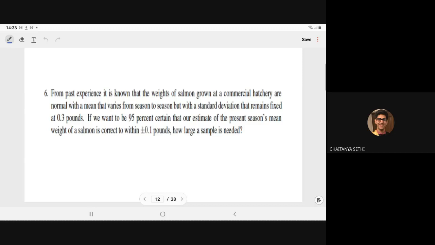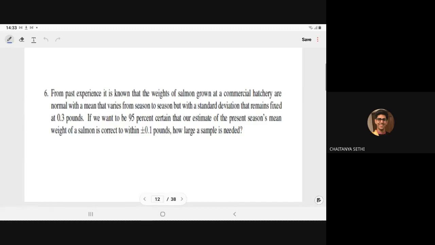From past experience, it is known that the weight of salmon grown at a commercial hatchery is normal with a mean that varies from season to season, so mu is unknown, but with a standard deviation that remains fixed at 0.3 pounds.